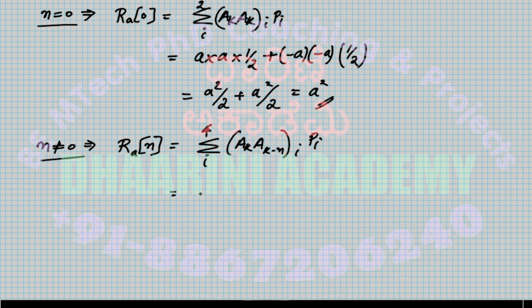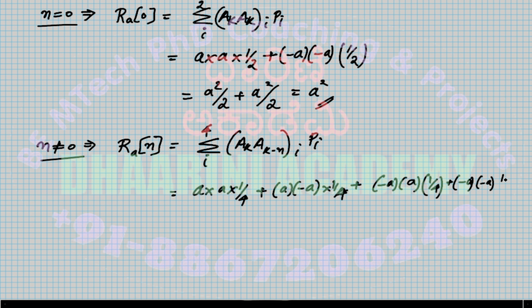I'll start with A into A, its probability is 1 by 4. Plus the next one is A into minus A, its probability 1 by 4. Then the next one is minus A into A into 1 by 4. And the last term is minus A into minus A into 1 by 4.